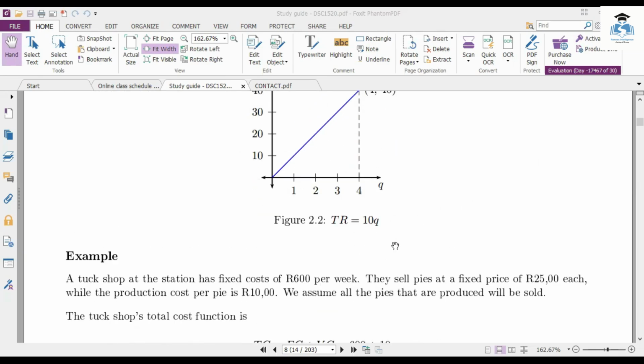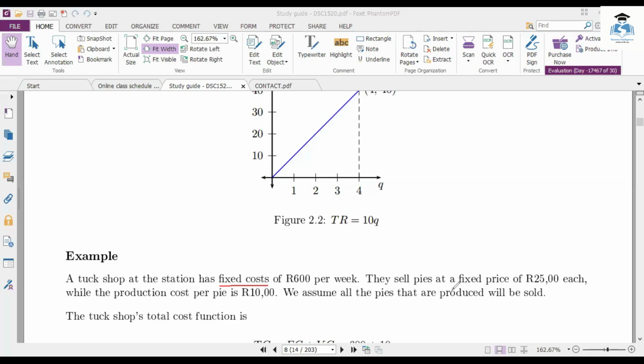All right, so here is the example that we have. A tuck shop at the station has a fixed cost of 600 Rand per week. You were told already, this is the clue.